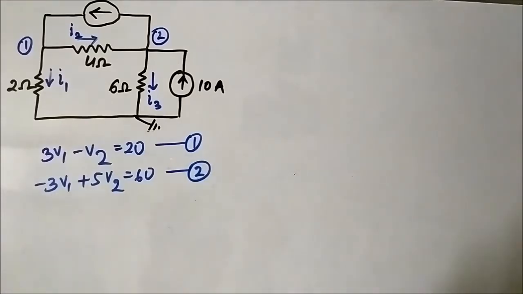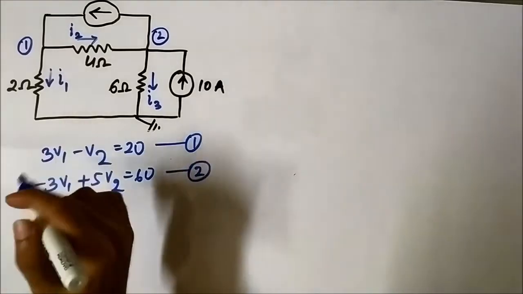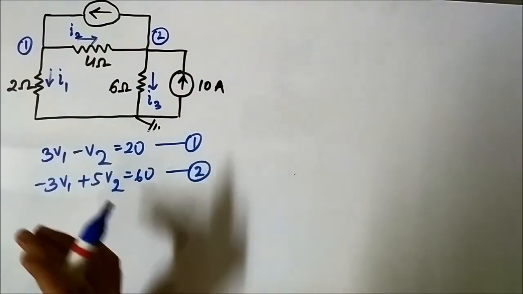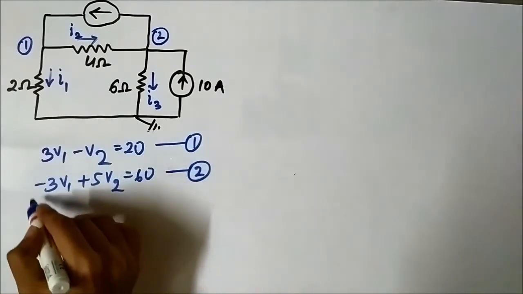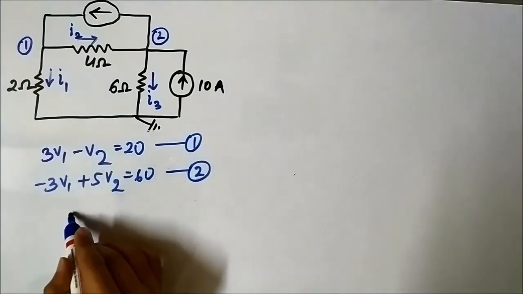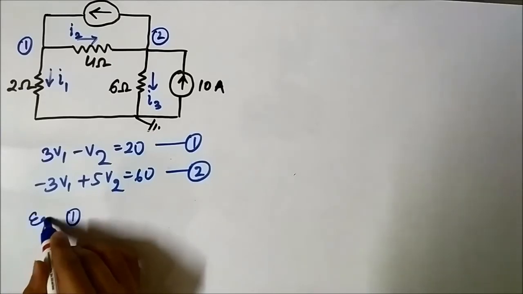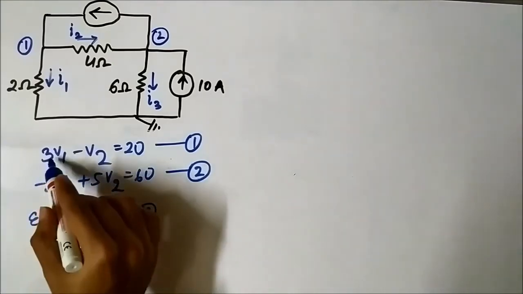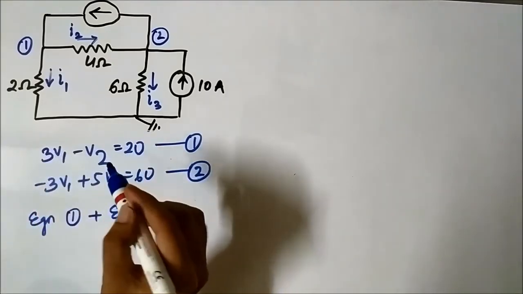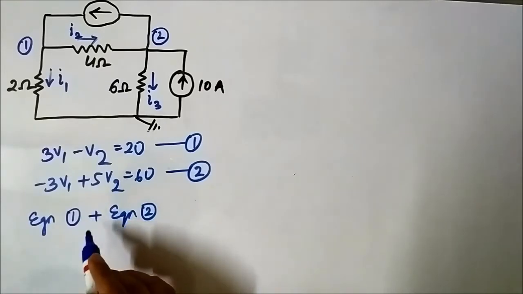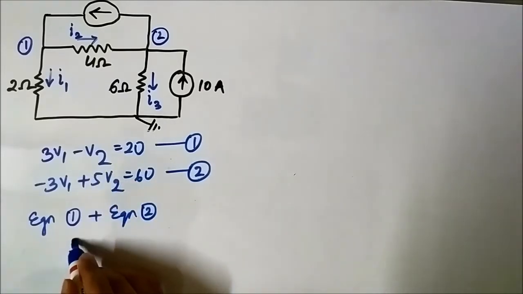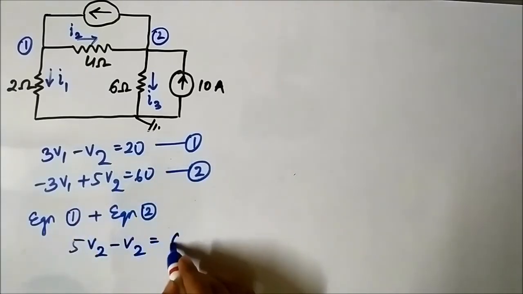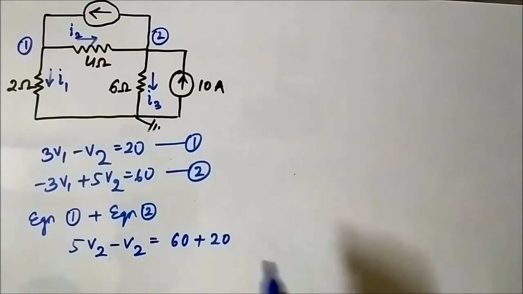Now if we look carefully at these two equations, we can see that here it is 3V1, here it is minus 3V1. So we can directly get the value of V2 just by adding these two equations. Suppose we add equation 1 plus equation 2. So 3V1 and minus 3V1 will get cancelled out. Here it will be 5V2 minus V2, and 60 plus 20.